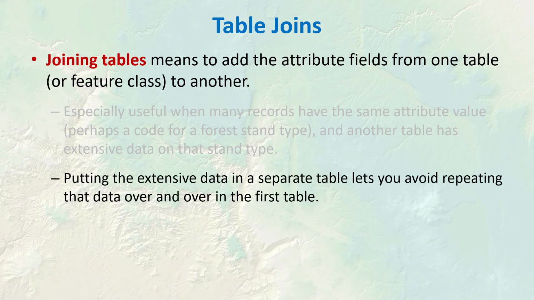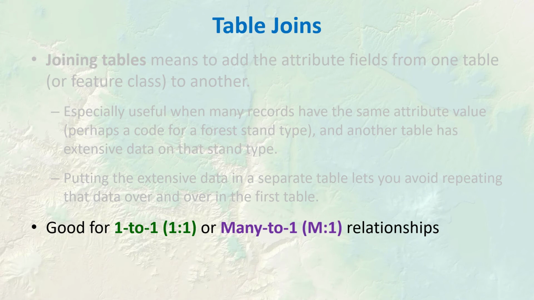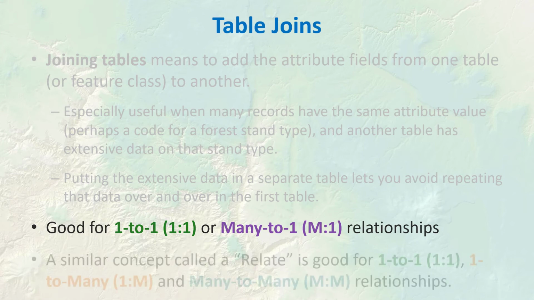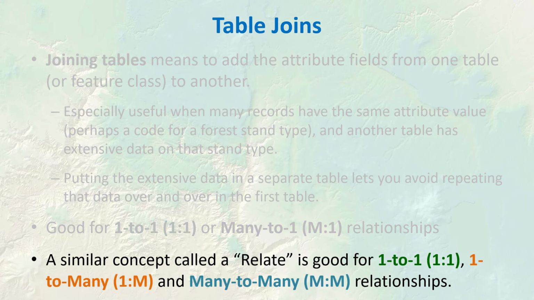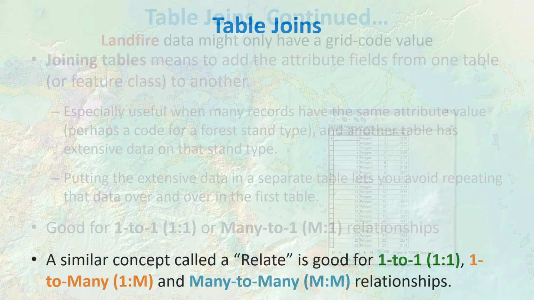So putting the extensive data in a separate table lets you avoid repeating that data over and over in the first table. This type of relationship is good for one-to-one and many-to-one relationships. And there's a similar concept called a relate that's good for one-to-many and many-to-many relationships. And we'll talk about that in just a sec.